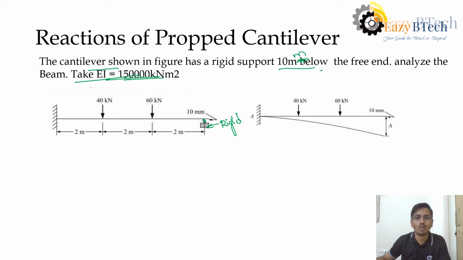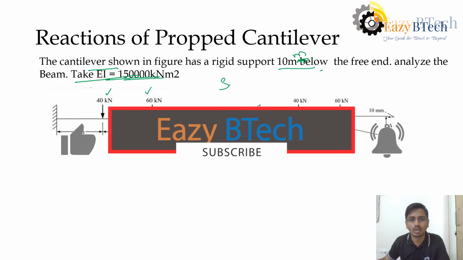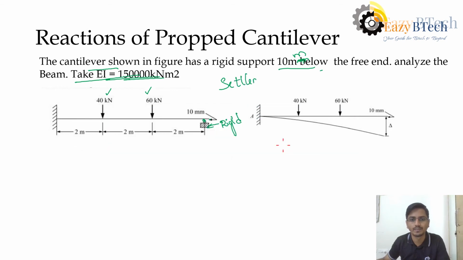Now, what should we do here? We have multiple loads. That is one case. Another case is that we are allowing it to settle. This is a settlement problem. We are allowing it to move 10 mm in the downward direction. So how to solve this problem?